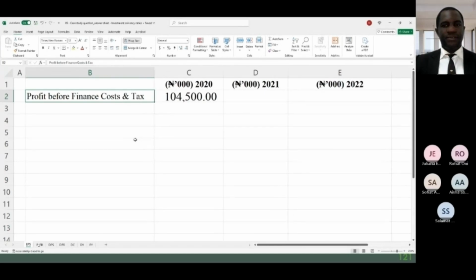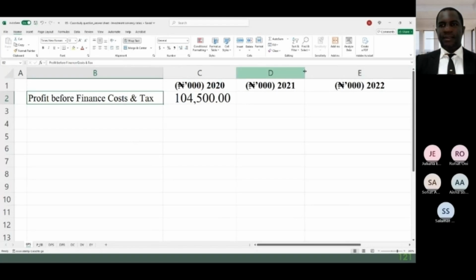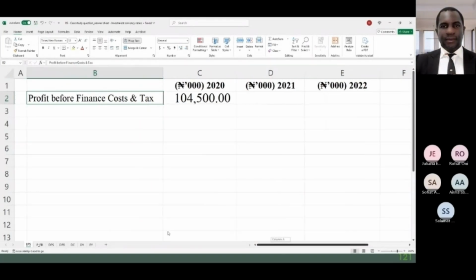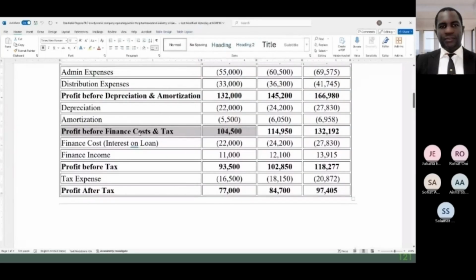I've reduced the font a bit so that we can see the figures and how they align. So profit before finance cost for 2020 is 104,500, that's 104,500,000.